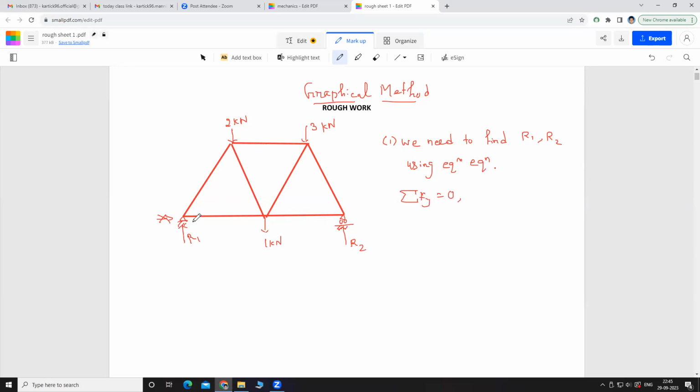Suppose this is our point A, this is our point B. With respect to any point, MA or MB, we can write that the moment is zero. From the summation of vertical forces: R1 and R2 positive, 2 and 3 negative, and this 1 also negative, so minus 6.